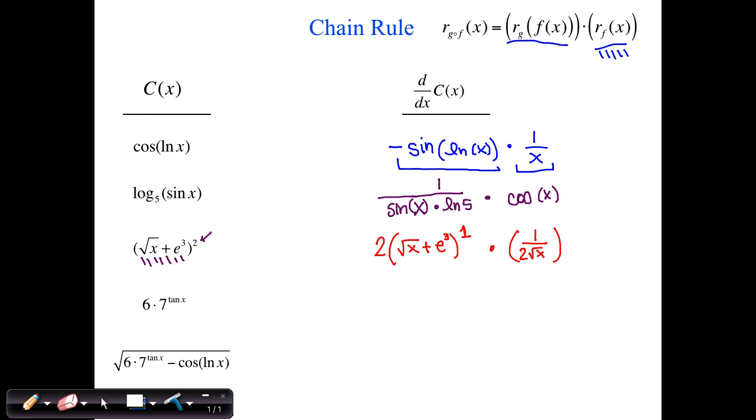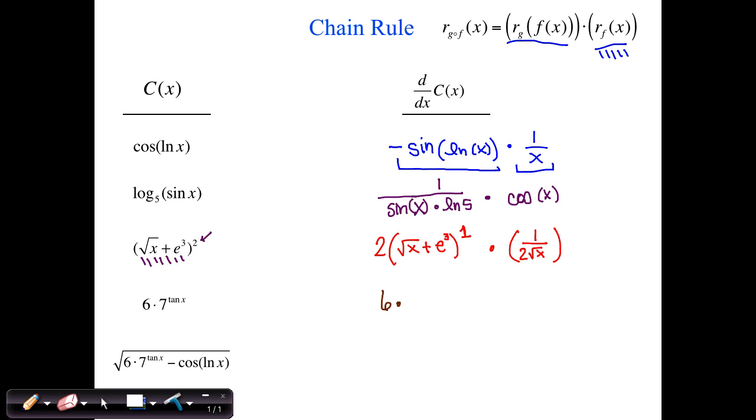So let's see. I'll just copy down that coefficient, and then I'll worry about the rest of it. So 7 to the tangent of x power. Well, 7 to the x power is the basic idea of this, but I've got an inner function, so this does involve chain rule.